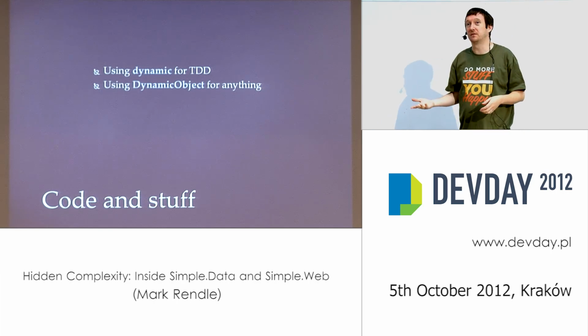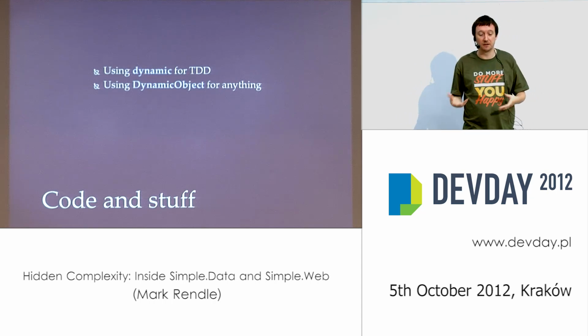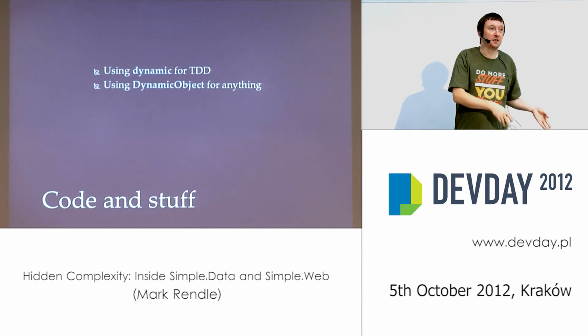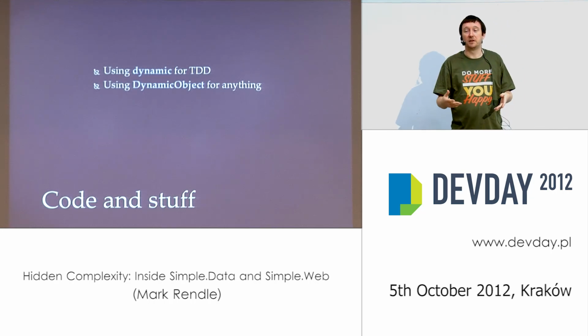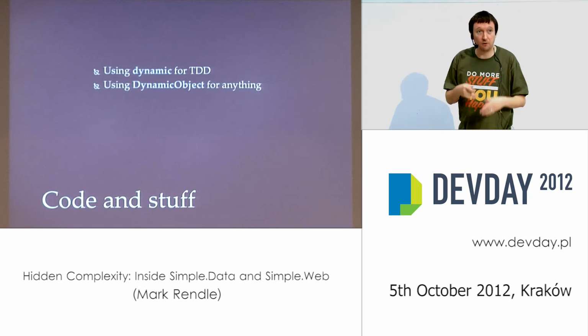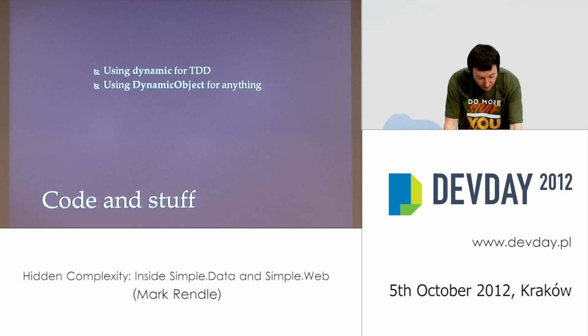ORMs and this sort of stuff use this for creating magic methods that are just passed at runtime. And when Microsoft did C# 4 and the dynamic keyword, they also introduced the dynamic object behind that, so you could effectively implement this method_missing thing. And that lets you do some really cool stuff.